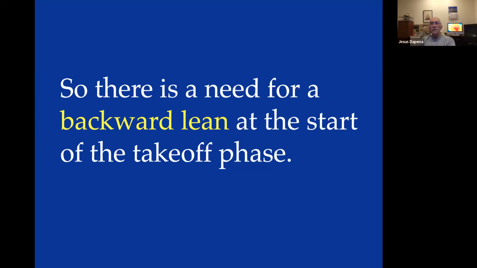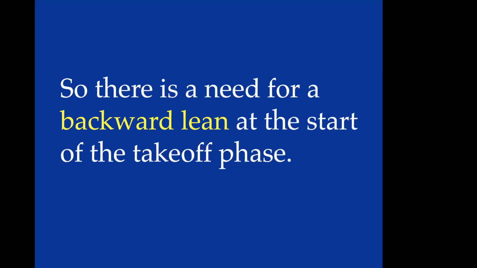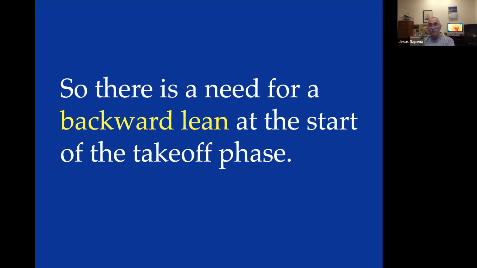Okay, so what happens if our athlete does not get into this good backward leaning position at the start of the takeoff phase? Well, then the athlete has problems, and there's no good solution. One possibility is the athlete could say, okay, I am vertical at the start of the takeoff phase, and I want to rotate really nicely in the air.